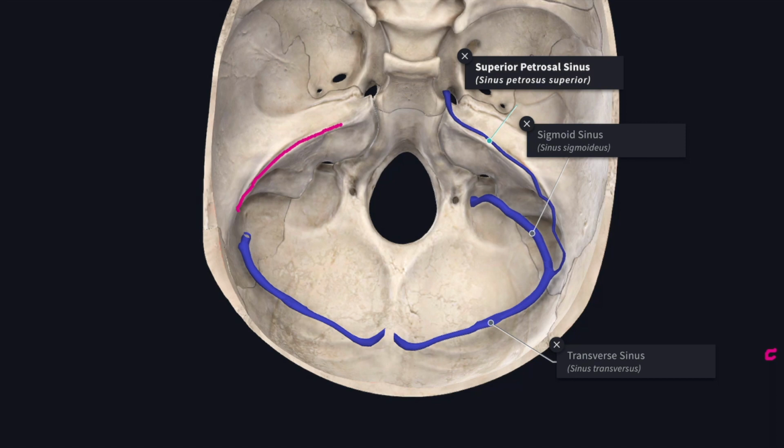Close to the apex of the petrous temporal bone, each sinus crosses above the trigeminal nerve at the mouth of the cavum trigeminale. The tributaries are the inferior cerebral vein, some cerebellar veins, and veins from the tympanic cavity.